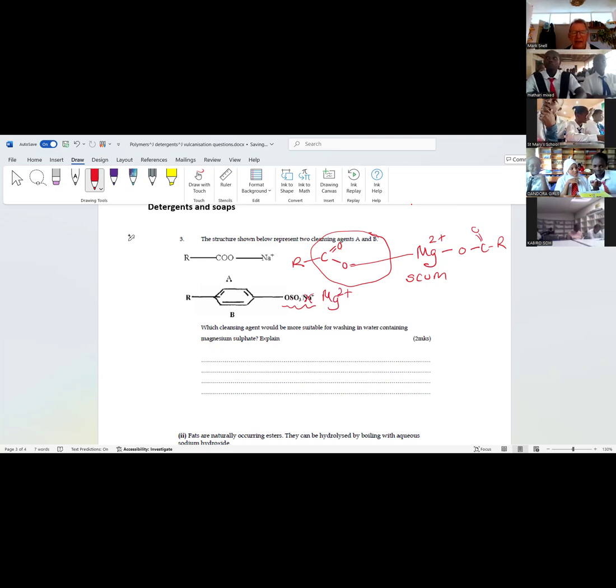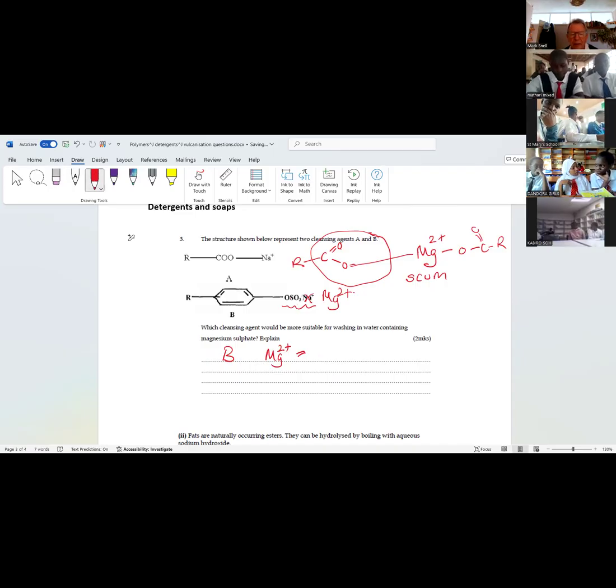So which cleansing agent would be more suitable? B, explain why. So I'm not going to write this in full sentences.